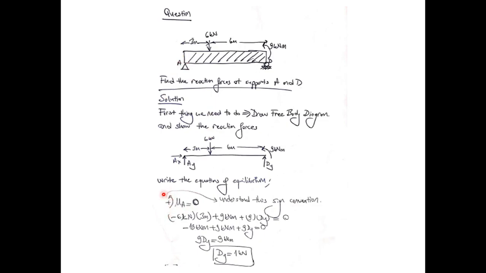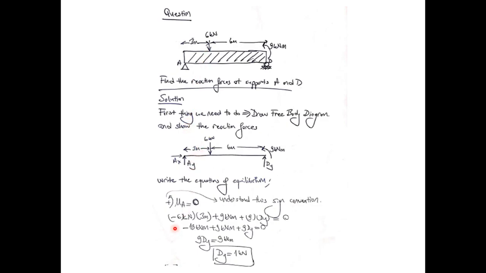I'm using a convention which says that I'm going to take the counterclockwise moments as positive. So this 9 kilonewton meters is going to have a plus sign, while the moment created by the 6 kilonewton here acts in the clockwise direction, so it will be considered a negative moment.